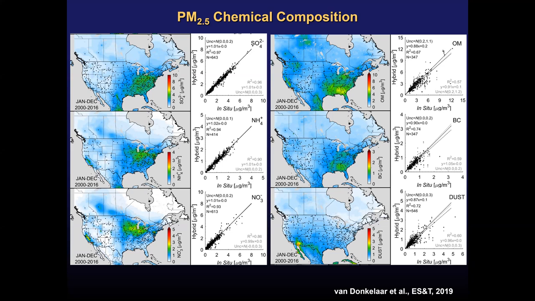On the right, the species that have more of a primary influence, such as carbonaceous aerosols or crustal material, exhibit more heterogeneity. The performance is overall still quite promising, but there's more scatter that indicates the greater challenge in predicting those more heterogeneous chemical components.